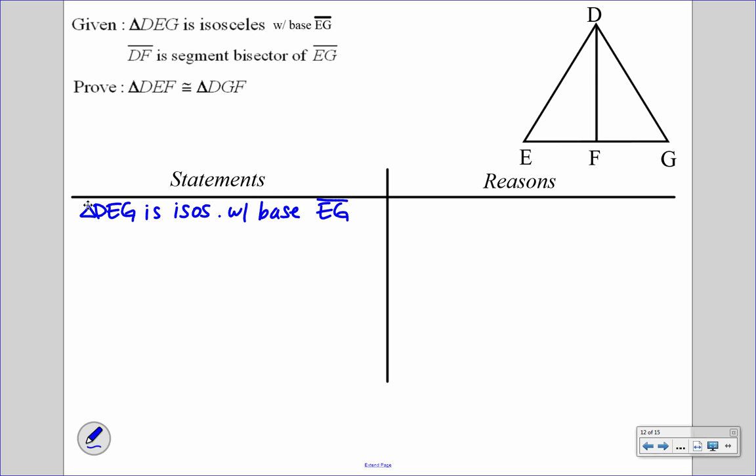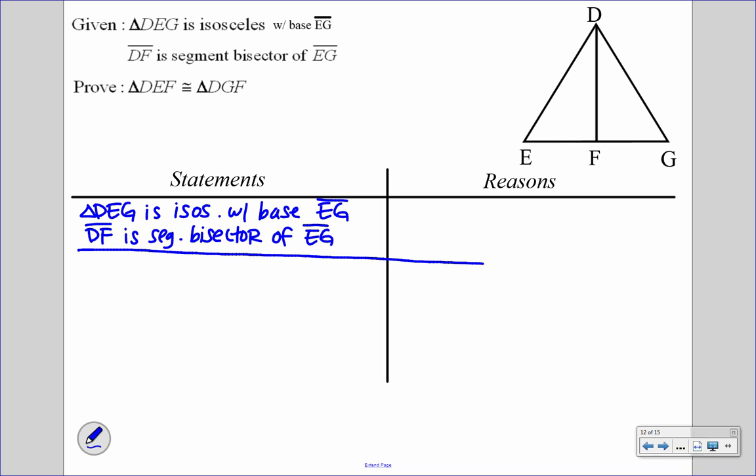We're also going to do the second one, that line segment DF is a segment bisector of EG. So we're going to write those two down first. Okay, and the reason for that is given.